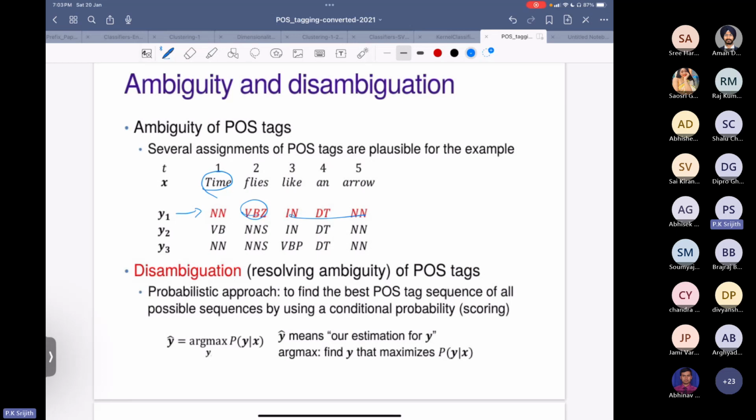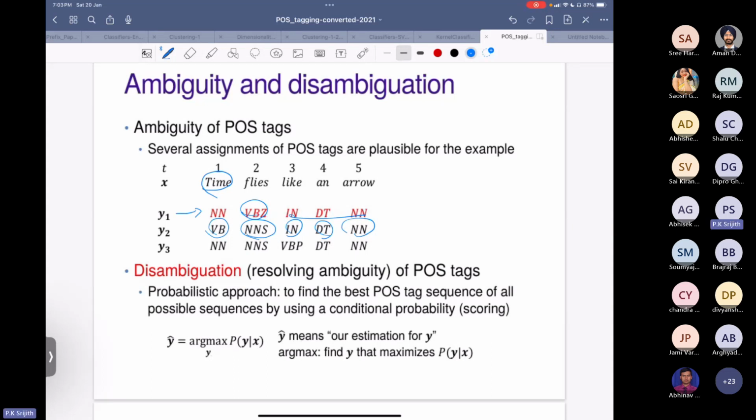And there could be another part of speech tag which is possible, something like VB, NNS, IN, DT, NN, etc. So maybe there could be multiple part of speech tags possible for a given sentence, and we want to have some kind of a probability distribution over these part of speech tags, where you give low probabilities to some of them, high probability to some others, etc.